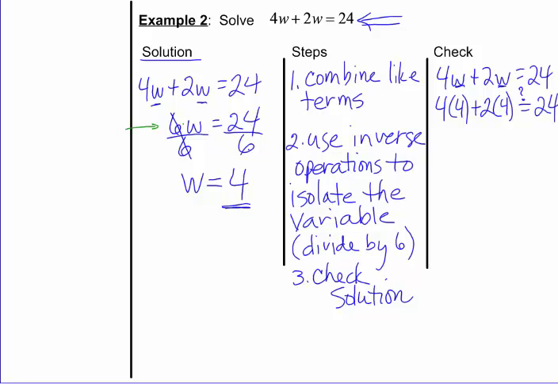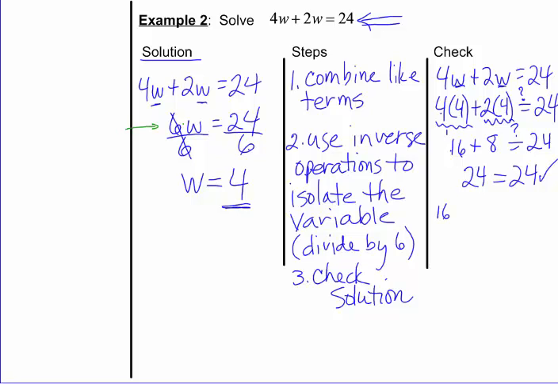So order of operations. There's some multiplying in the problem and some adding. Multiplying comes first. Since they don't affect each other, you could do them at the same time. So 4 times 4 is 16, plus 2 times 4, which is 8. We want to see if that equals 24. 16 plus 8: 8 and 6 is 14, and 1 and 1 is 2. 24 does equal 24, so it works.